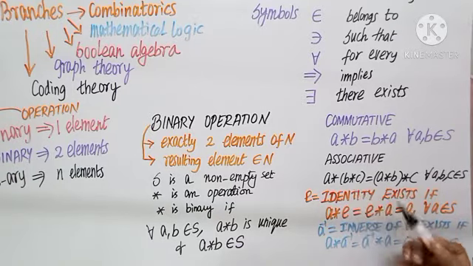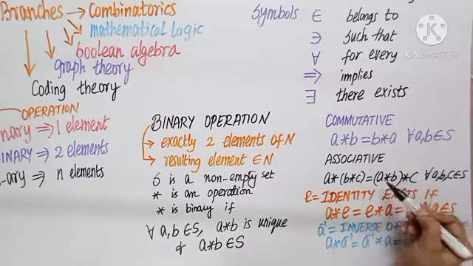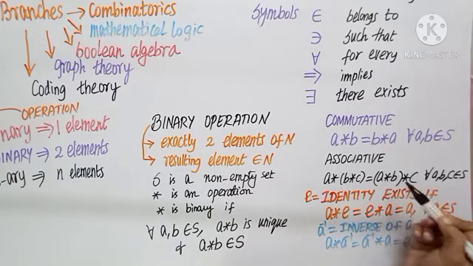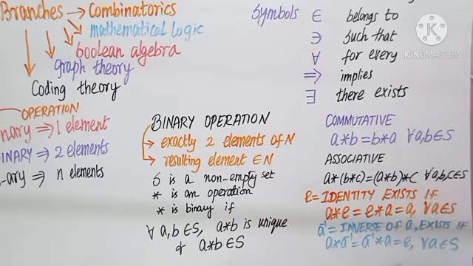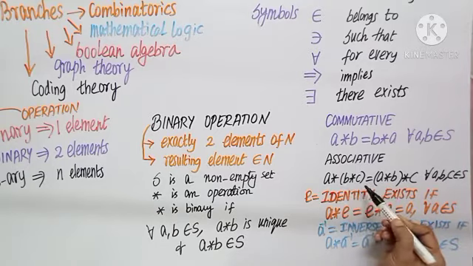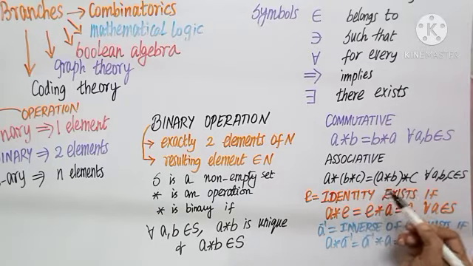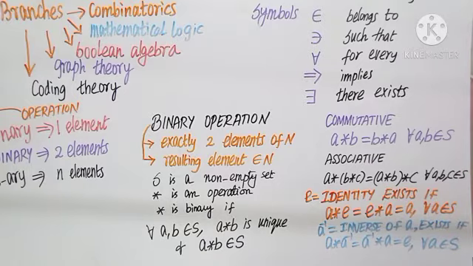Same way the right hand side. I do A star B first. With that answer, I perform star C. So remember, order doesn't change, whereas the priority or the bracket changes. Here I do for second and third, whereas here I do for first and second.